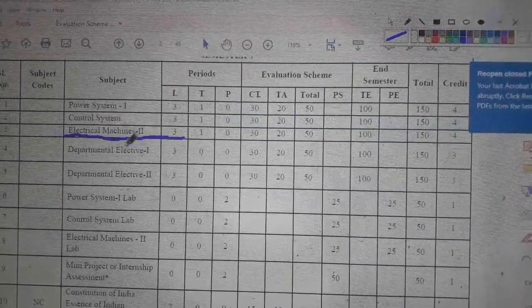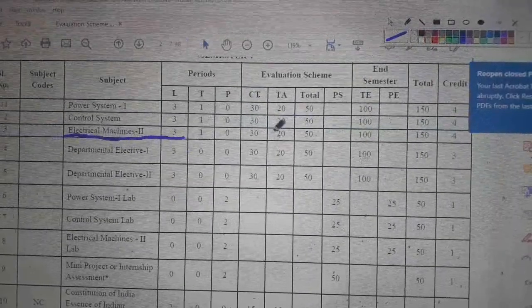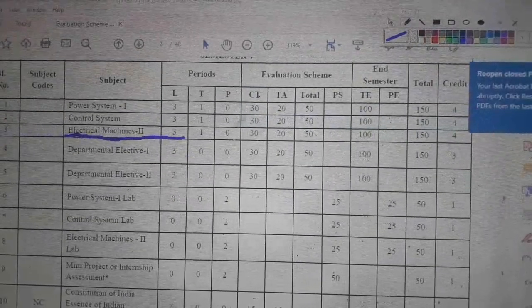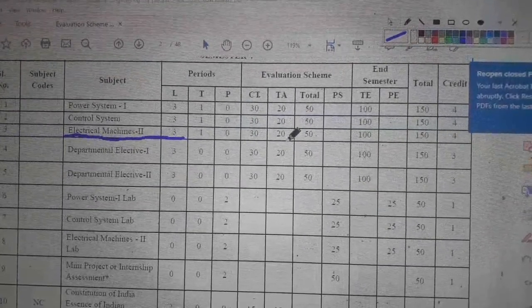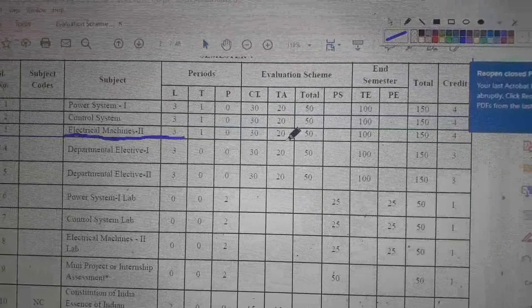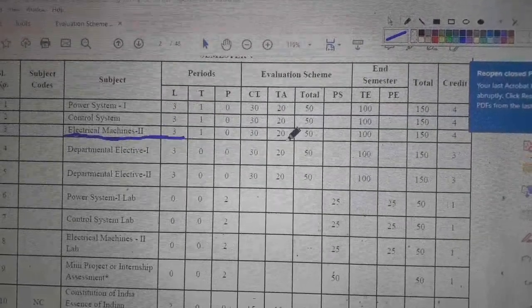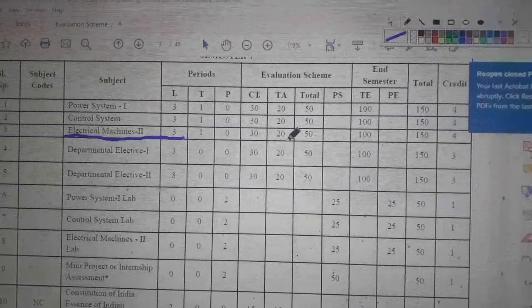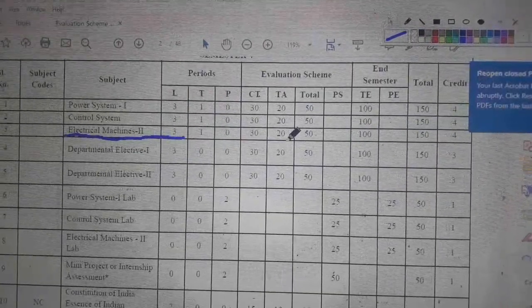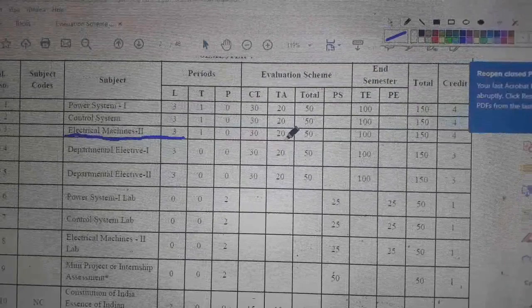If we are talking about internal, it is 30 marks for a class test, and teaching assessment consists of 20 marks, which is split into two parts: 10 marks is assignment and the remaining 10 marks is attendance.